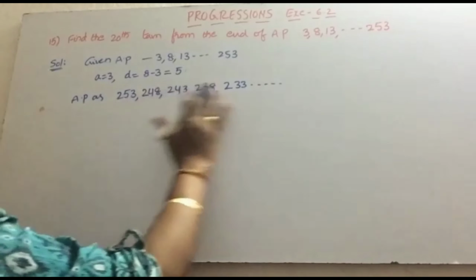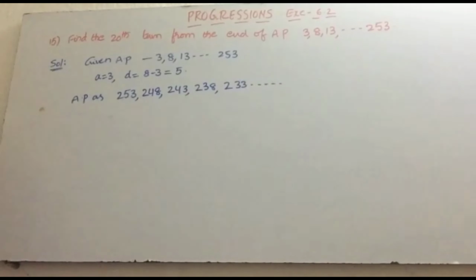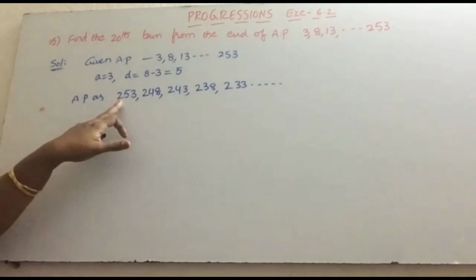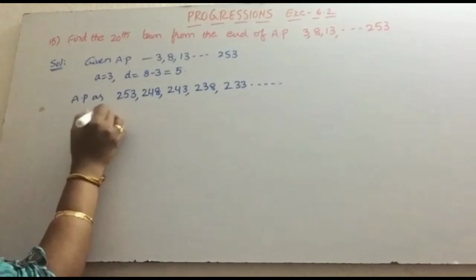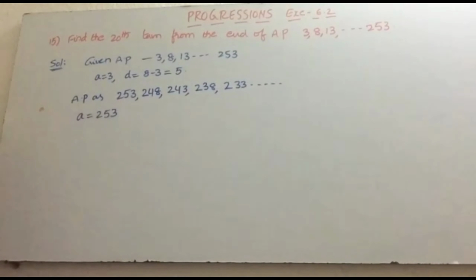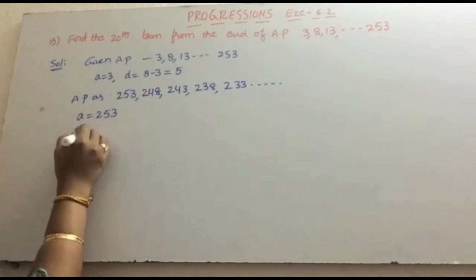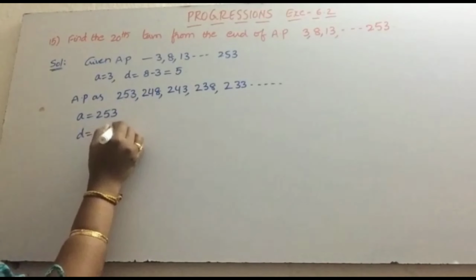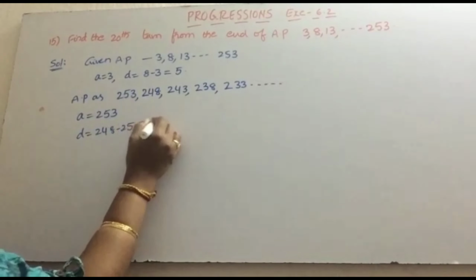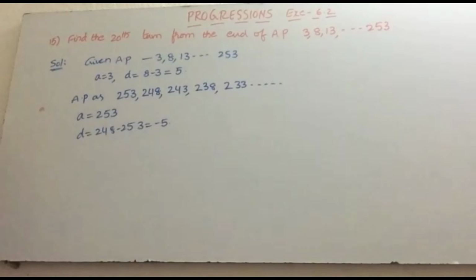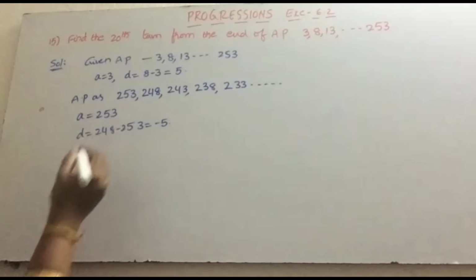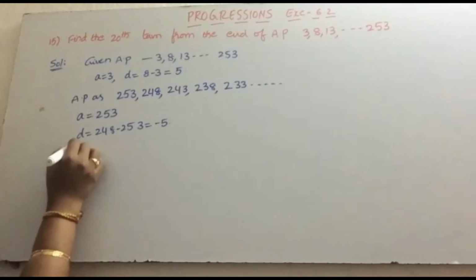Now we will find the 20th term. So here the first term A is equal to 253 and the common difference D is equal to 248 minus 253, that is minus 5.